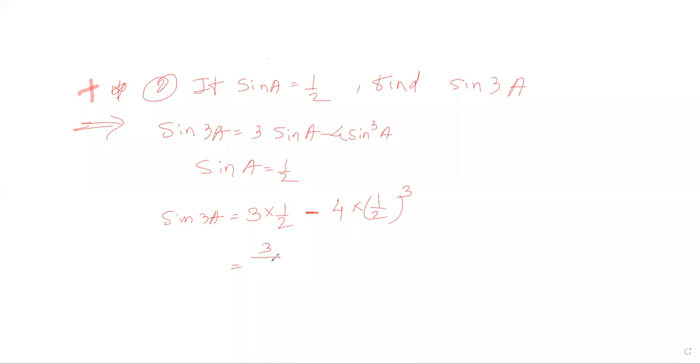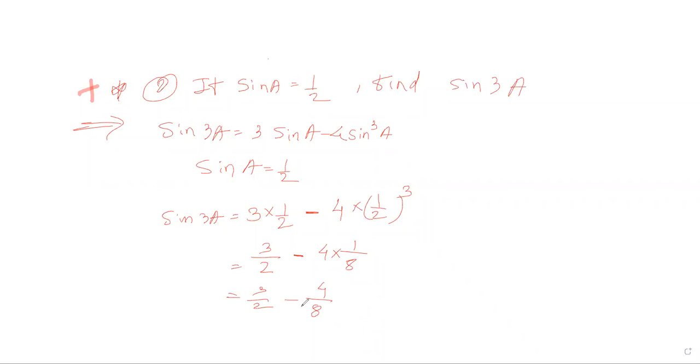So 3 multiplied by 1/2 means 3/2, minus 4 times 1's cube, which is 1, and 2's cube, which is 8. So 3/2 minus 4/8.